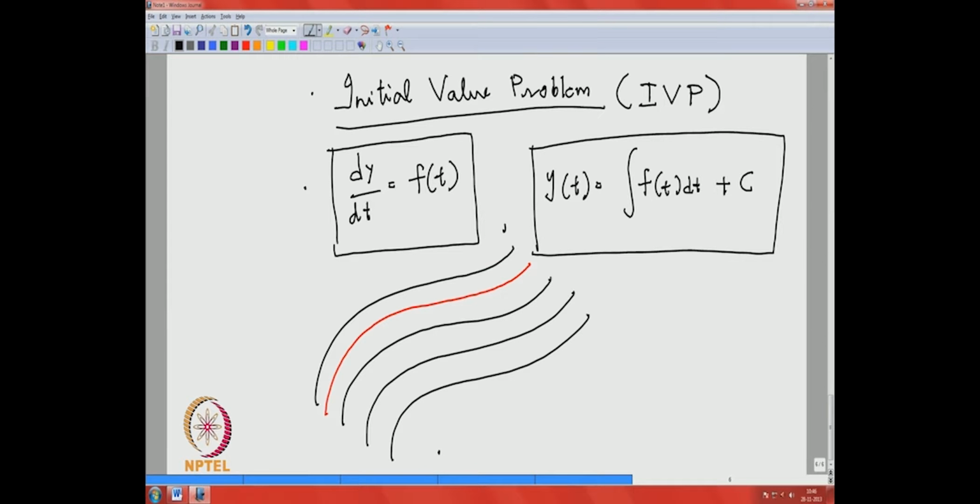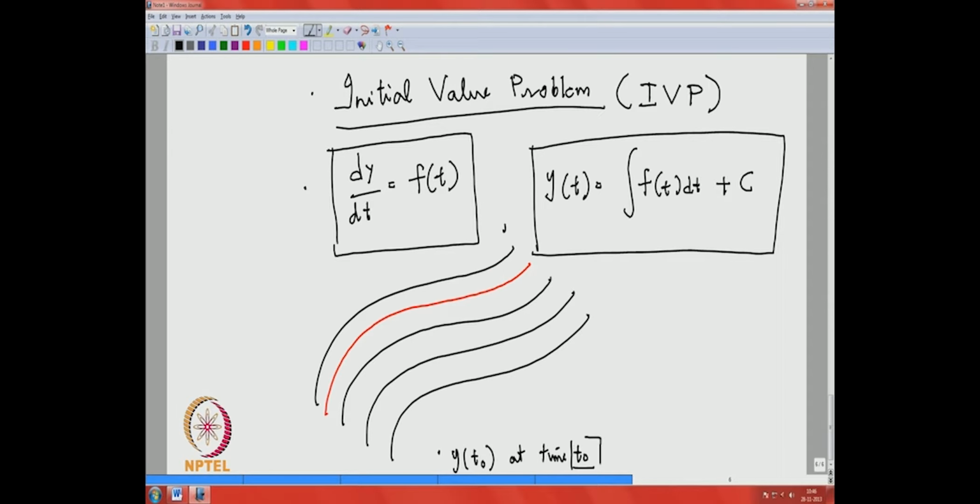You are at a particular place at time t naught, you will be at this point y of t naught, and then this equation tells you that you know the velocity all the time. This exactly gives you an f of t. So, you are given a position at what we call the initial time.